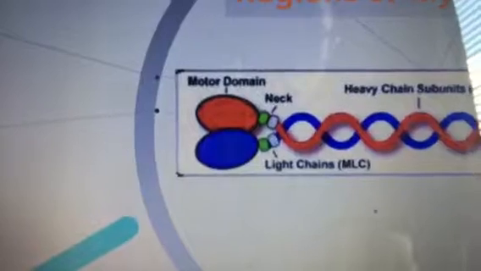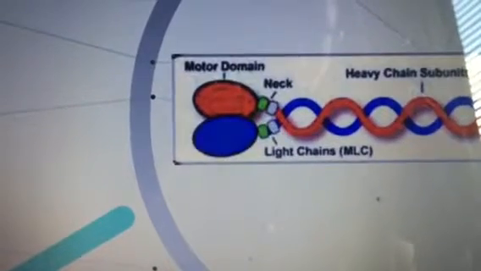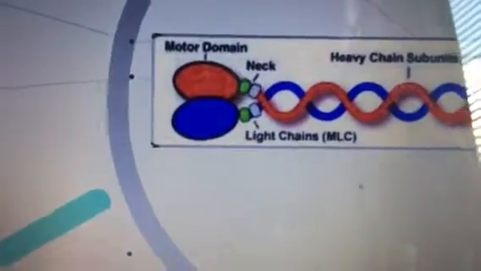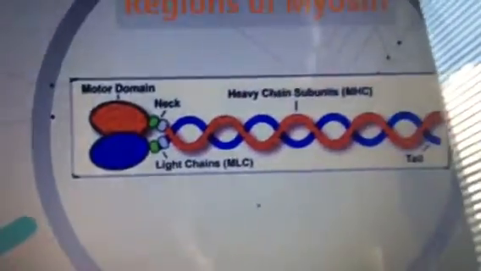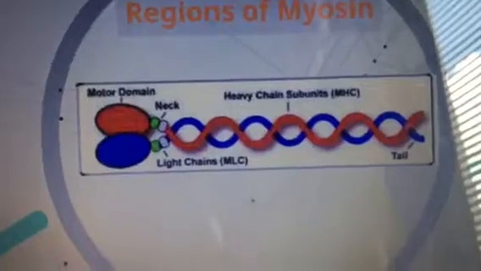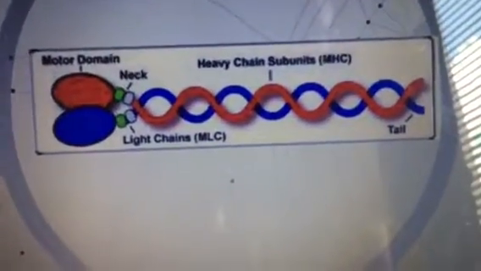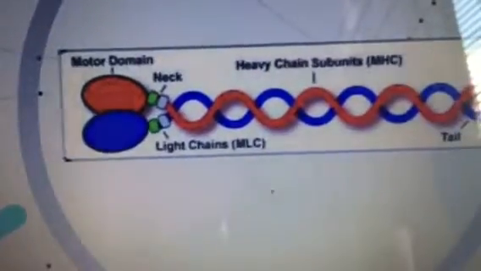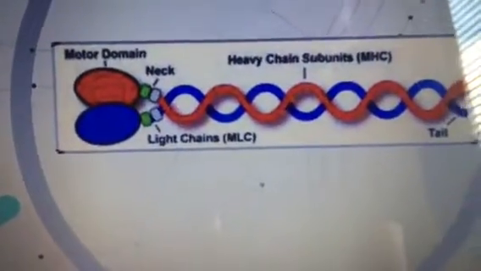Then here they call it the motor domain, but I refer to it as the head because that's what I read in the article. But here it's called the motor domain, and those are light chains. And then you have, well, I believe your light chains are between your head and your neck, and your heavy chains are these red and blue squiggly lines that we see here.